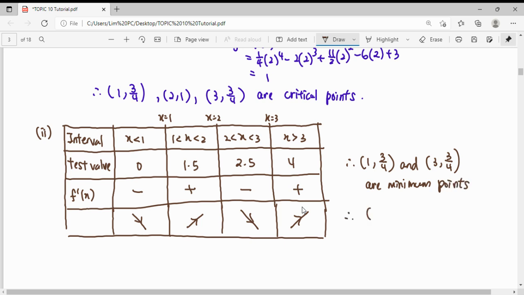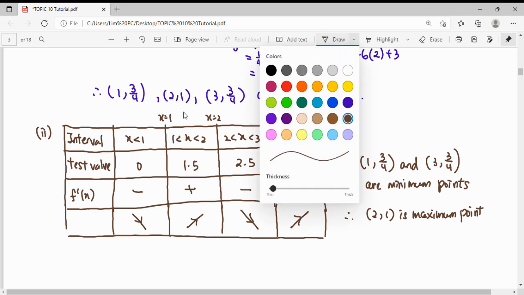Meanwhile, another point 2, 1 is a maximum point. So when we talk about the first derivative test, we are going to see the gradient of the tangent of the curve. So we move to the next part.